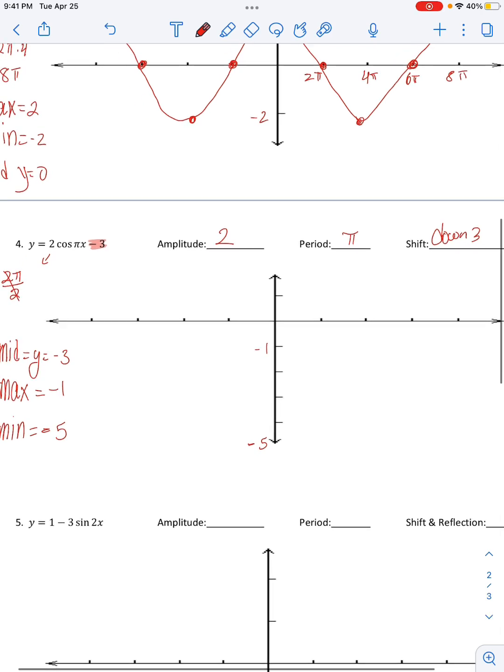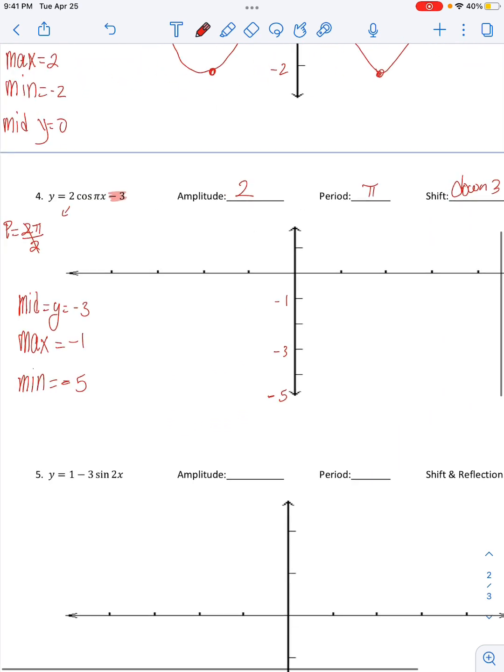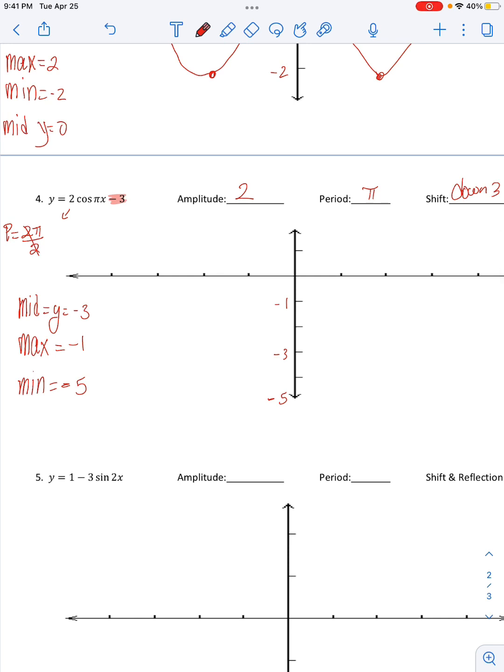And then our midline is -3. Our period is 2 pi over pi, which is 2. All right. So because it's cosine, it's going to start at our maximum, which is -1.